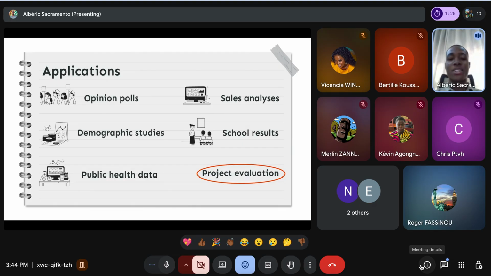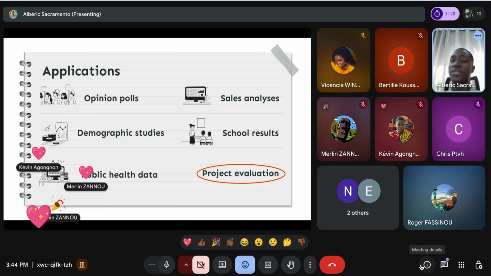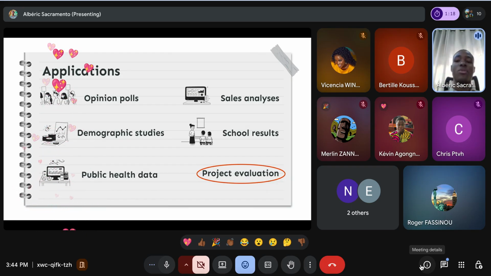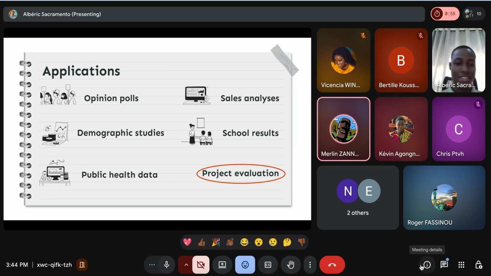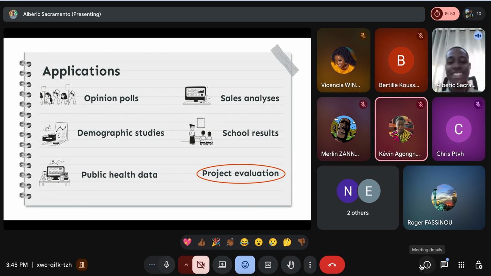Also, we use statistics on school results. Maybe you want to know who is first, who is last, or how many students can go to the next class. Also, we use statistics in public health data and project evaluation. In my job, project evaluation is where I mainly use descriptive statistics. I'm sure that Merlin and Kevin know what I mean, right? Yes. Thank you.